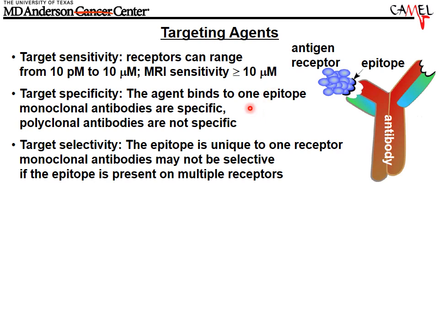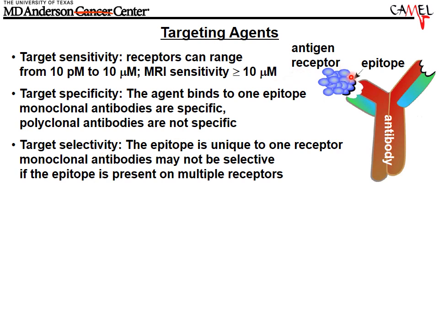Also, I think it's important to recognize that there's a difference between target specificity and target selectivity. Specificity pertains to the antibody itself. If the antibody binds to one epitope on the cell receptor, and here you can see one epitope that fits within the binding pocket of the antibody, then the antibody is said to have good specificity for that cell receptor. Selectivity is a term that pertains to the epitope itself on the receptor.